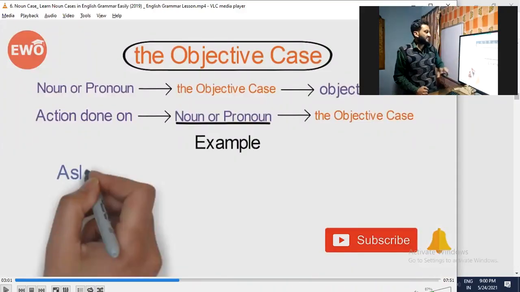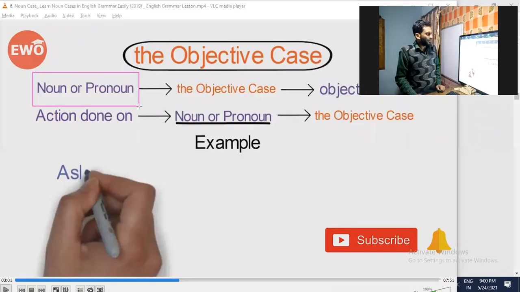We have two formulas here, noun and pronoun. Yes, simply, when a noun or pronoun can be said in the objective case, when it is the object of a verb.